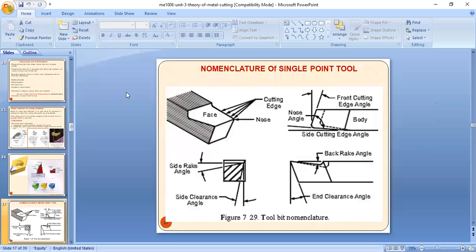Already I told you, you should have the fundamental knowledge of this one. Here we discuss: this is the cutting edge, this is the face, this is the nose. And when we come to the next diagram, this is the nose angle, at the tip of the nose.